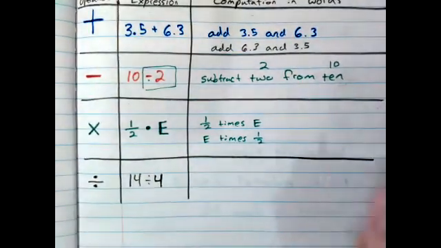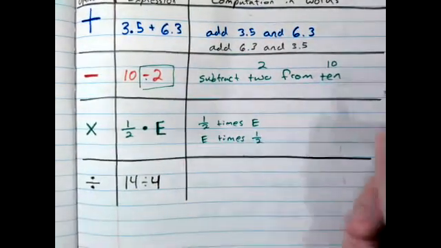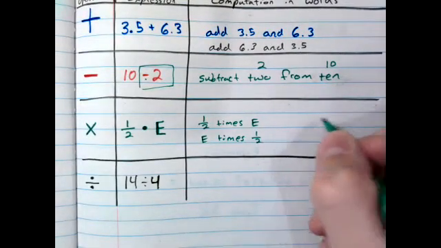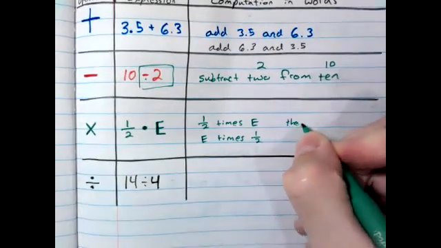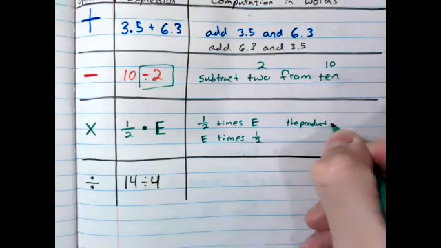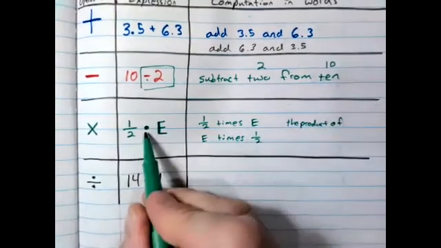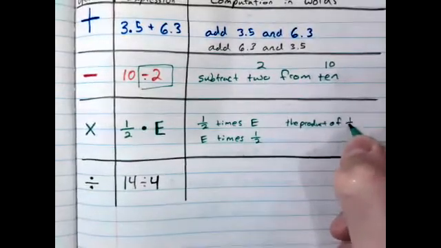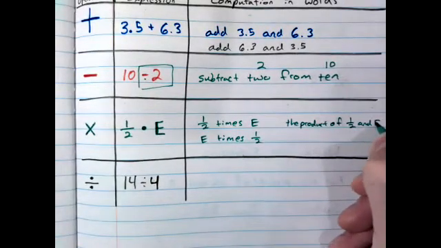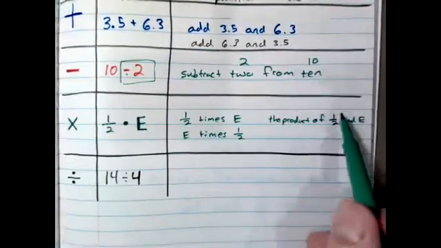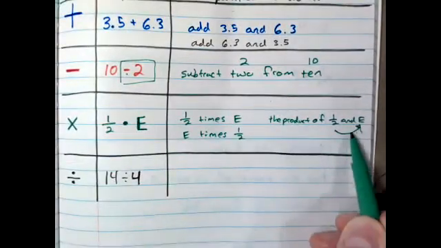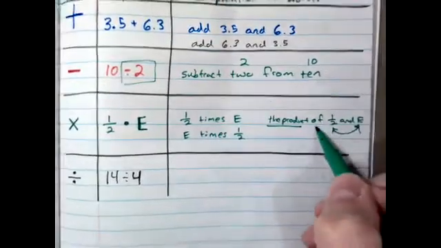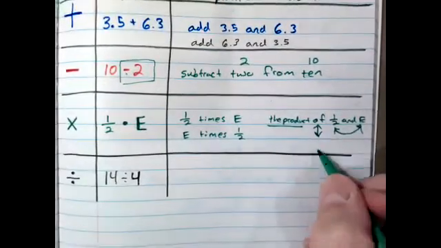The answer to a multiplication problem is a product. So we could say the product of, remember, of and multiplication go hand in hand, product of 1/2 and e. And again, we could reverse those two. Product would be the answer. Of always means multiply.